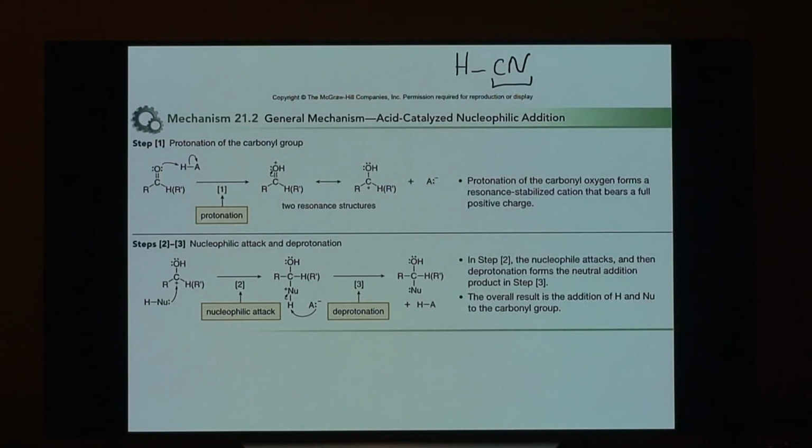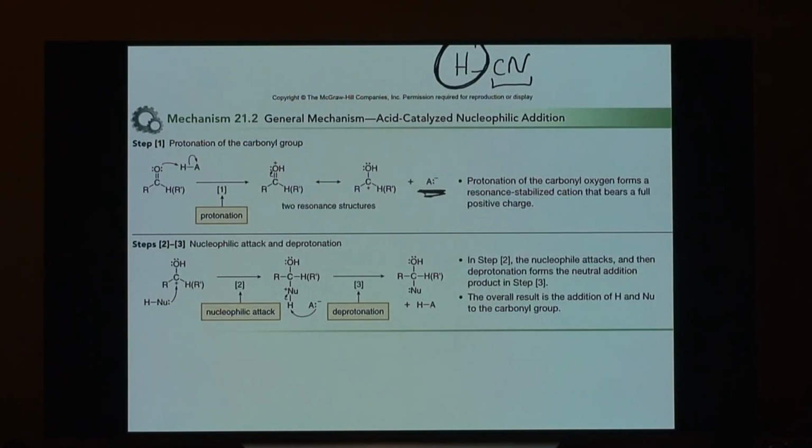So this is why in the first step, I have to get rid of this hydrogen that is next to the cyanide, to free the CN and make it a CN negative. Once I make it a CN negative, then that CN negative can attack, and I can get my product.